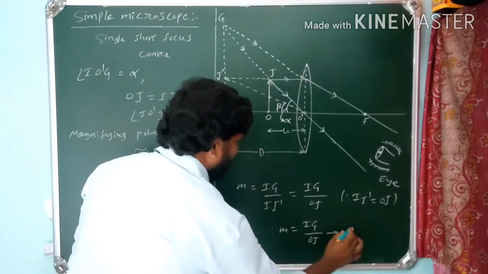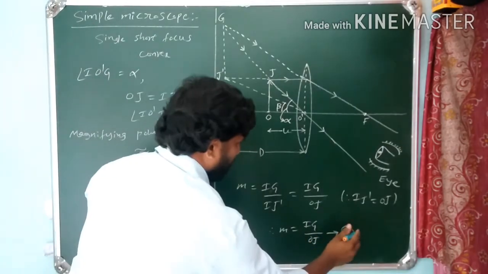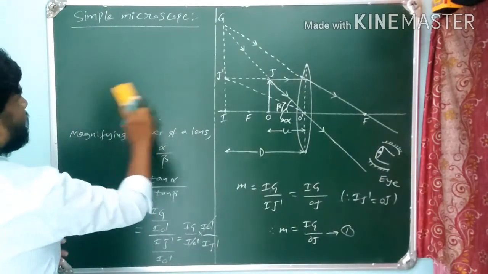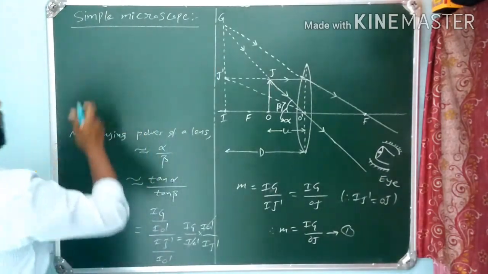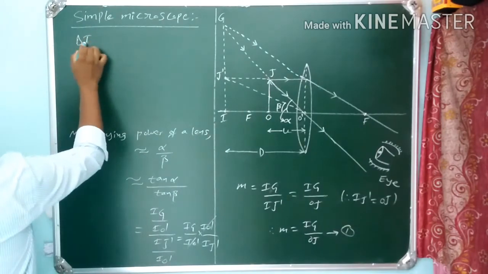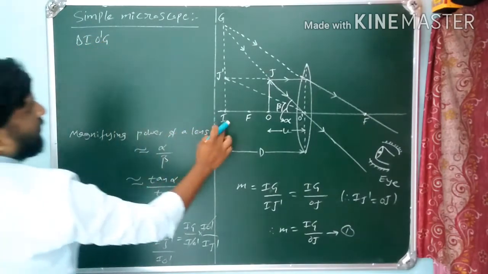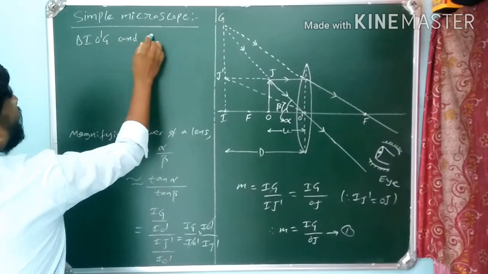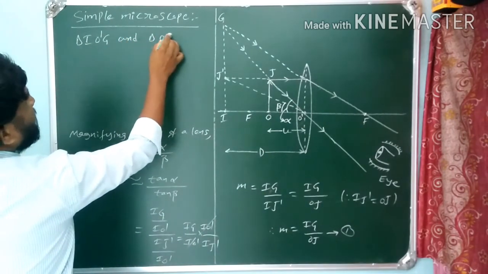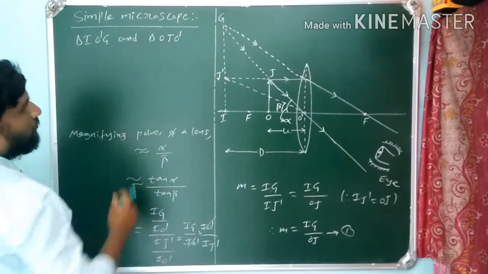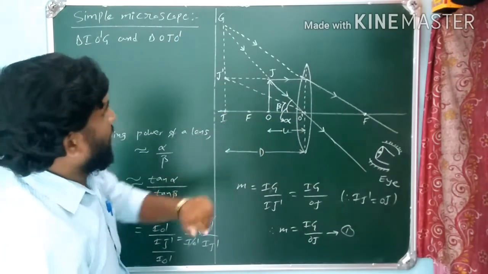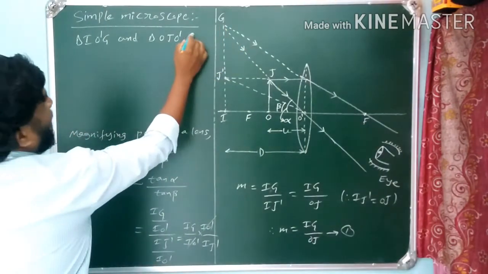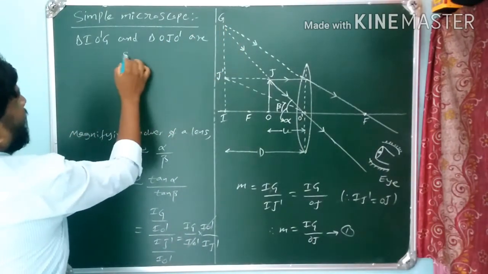Let us consider this as the first equation. Now, triangles O J O dash and I O dash G are similar triangles.